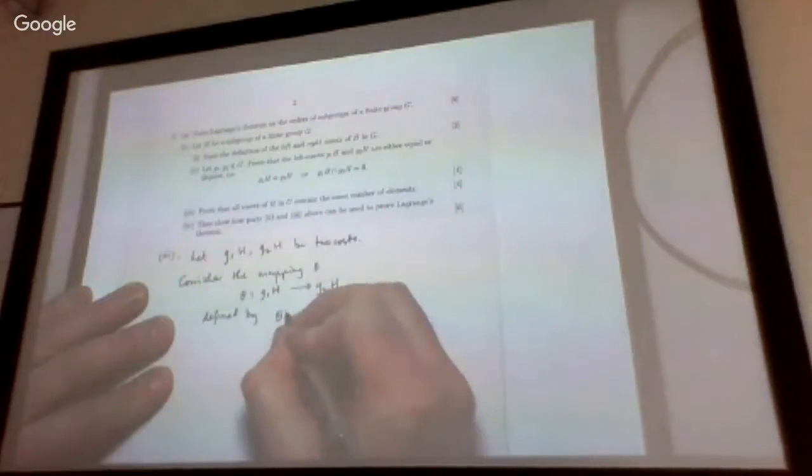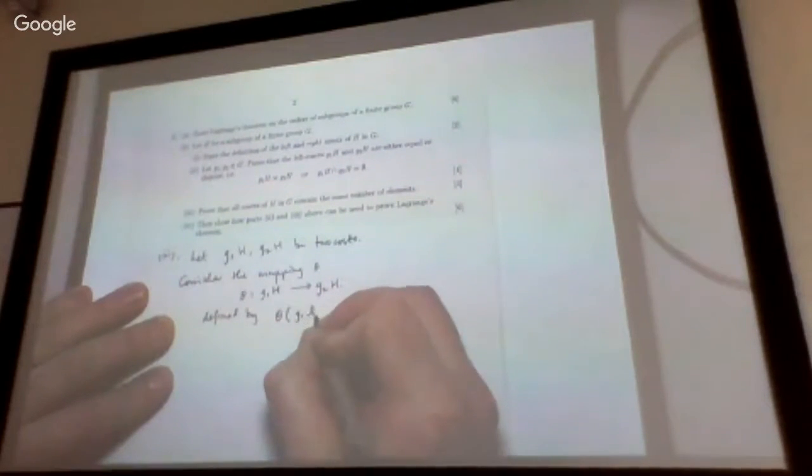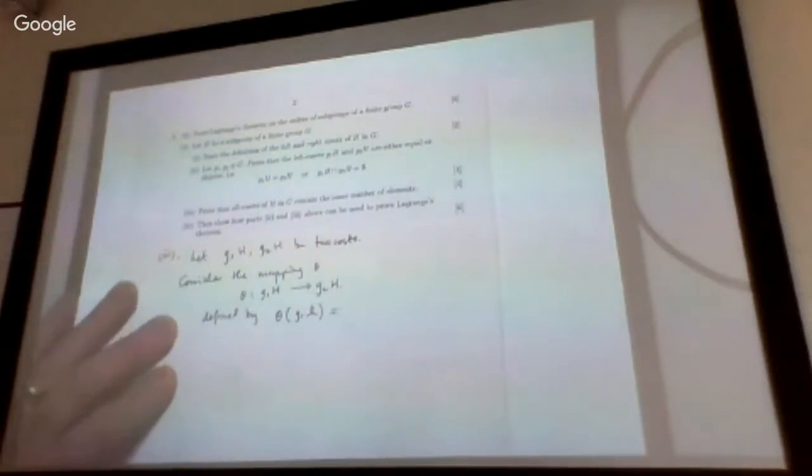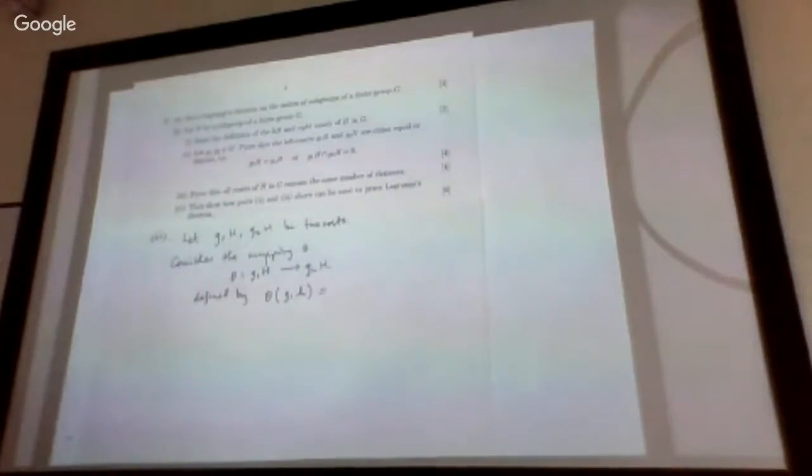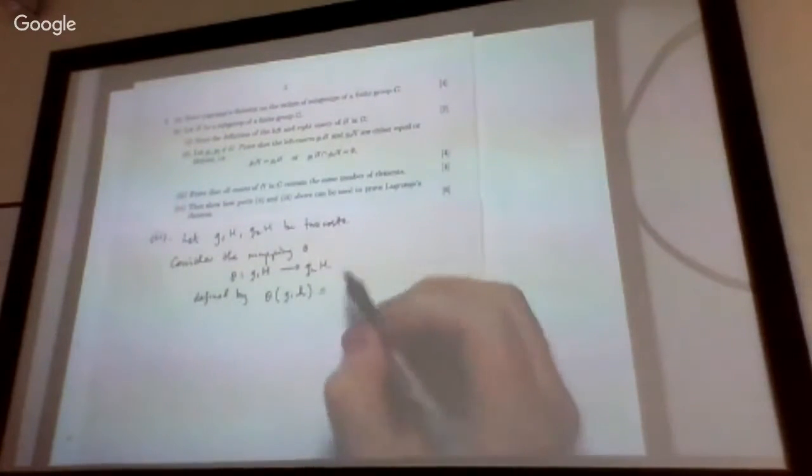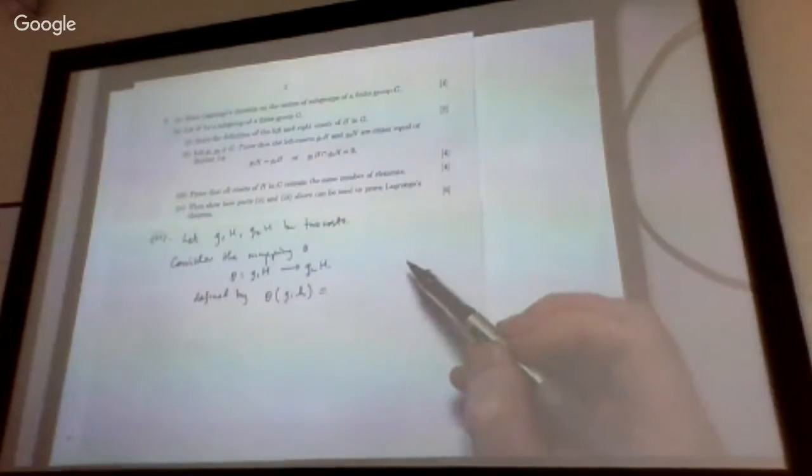Okay, so we have to be able to say what value it takes on a typical element of the domain. So which element of g2H is this going to be? I wanted g1, g2, H implied by that.